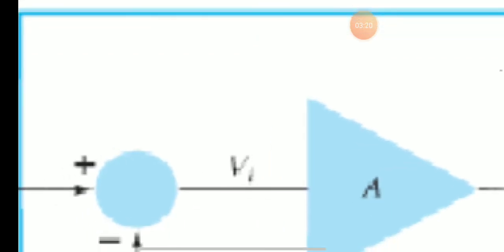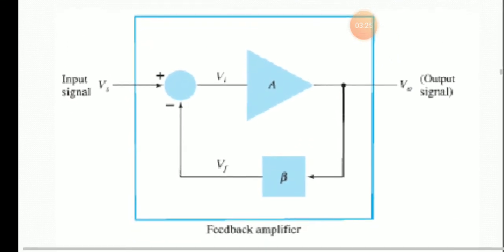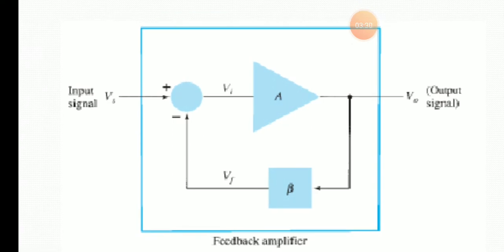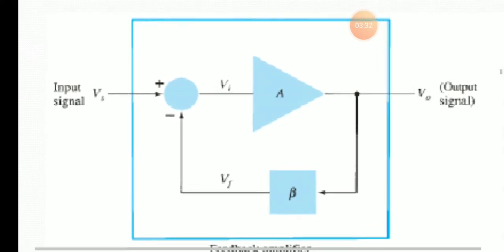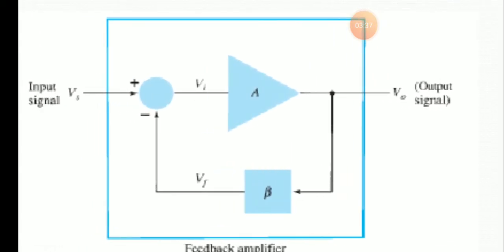Look at this diagram. Here we use the amplifier and the feedback element. This is the complete simple diagram of the feedback amplifier. We give the input Vi and we get the output signal Vo. Vi is given to the amplifier, and the output of this amplifier is connected to the multiplying factor beta, which is then added at the summing point.